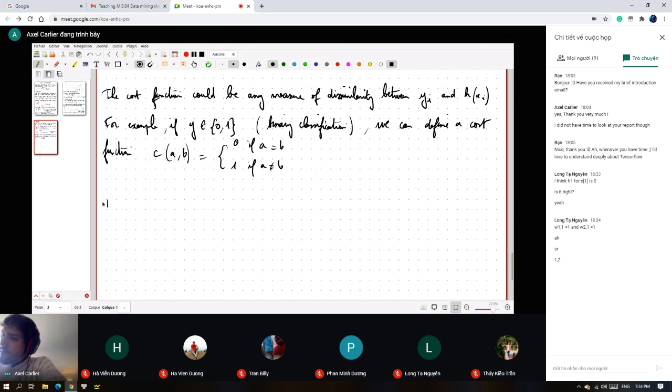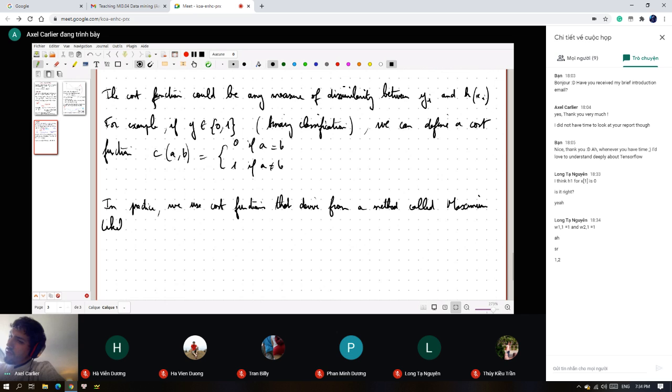In practice, we use cost functions that derive from a method called maximum likelihood estimation.